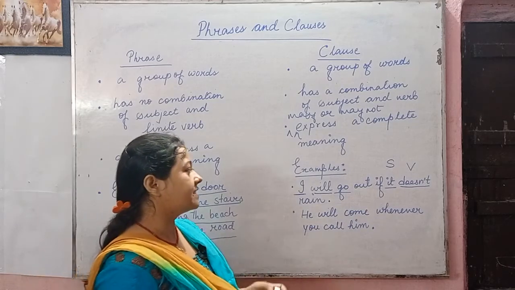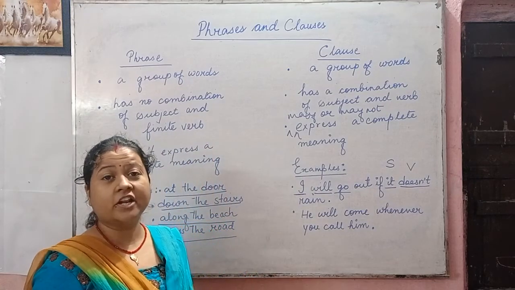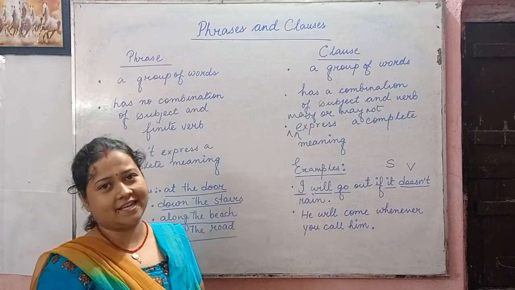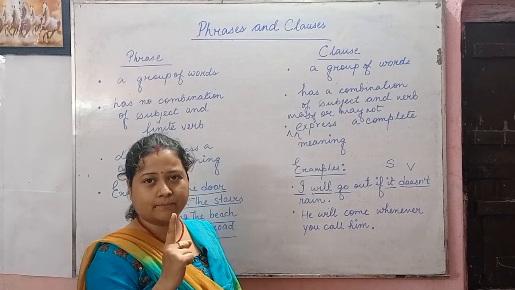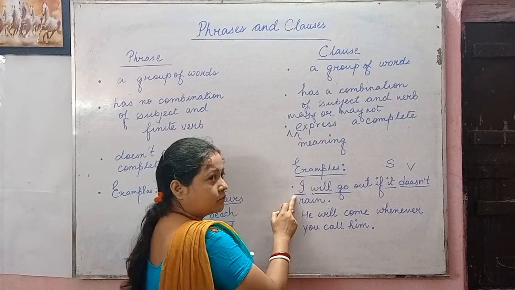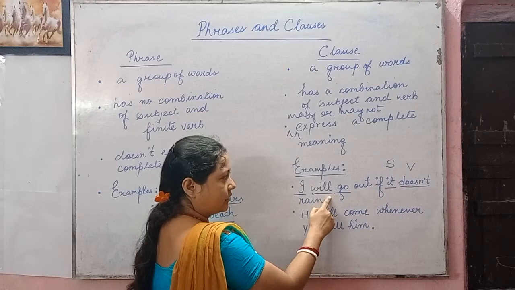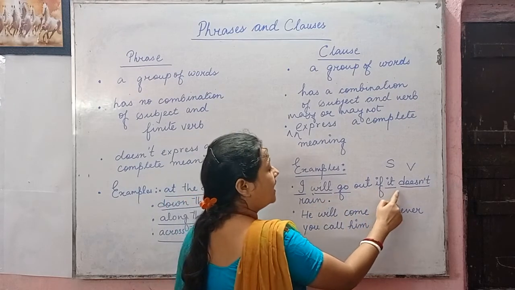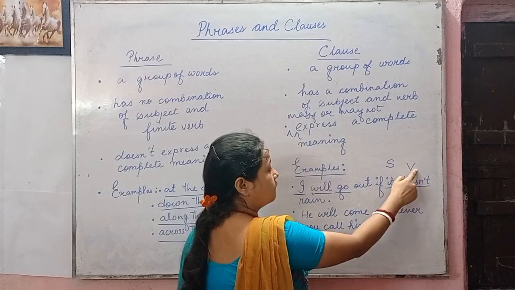In this sentence, I will go out if it doesn't rain, children, we are getting two clauses. What will be in one clause? One subject and one verb. Children, here we have got one subject, I, and one verb, will go, right? And here, children, it is another subject, doesn't is a verb.